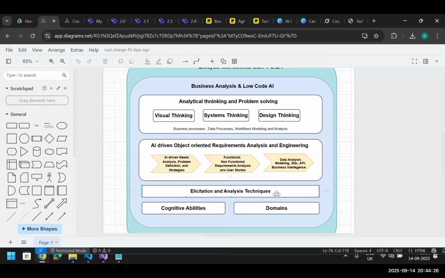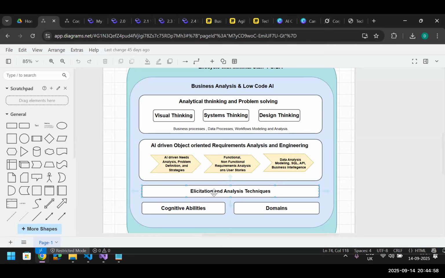And one more module we are talking about is elicitation and analysis. So elicitation, what does it mean? When we say BA, this is a term you must know. I was surprised the other day when I used the term elicitation in a conversation with one of our experienced BAs, and he asked, what is that?